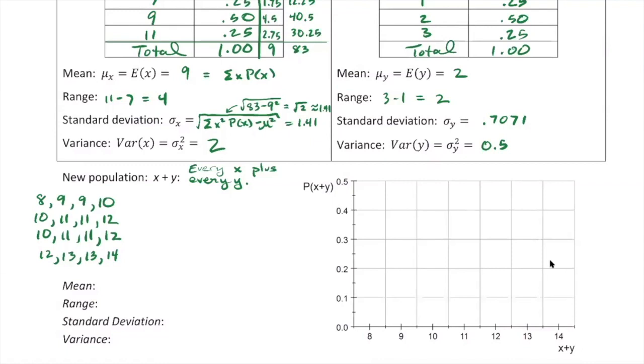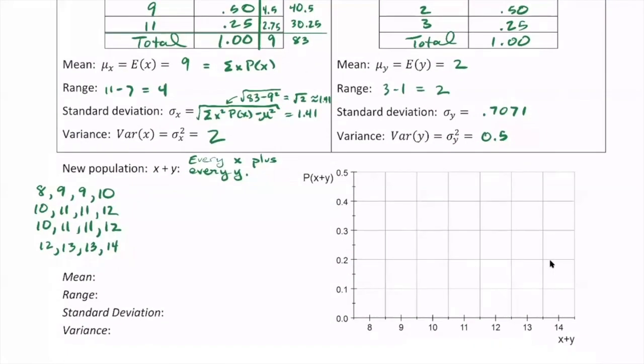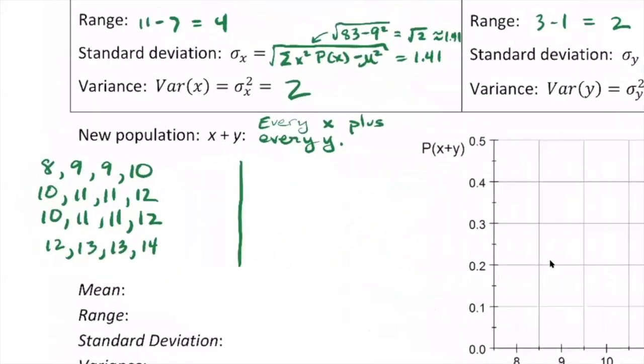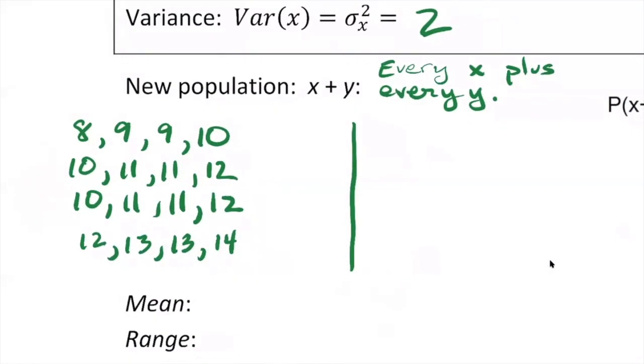Okay, now what I wanted to do real quick here is make sort of a table like this. And it's going to have to be small. So the values go from 8 to 14: 8, 9, 10, 11, 12, 13, and 14.